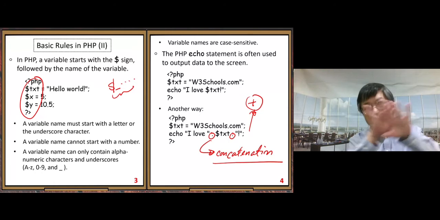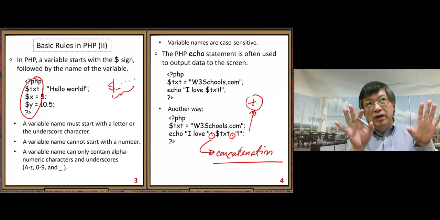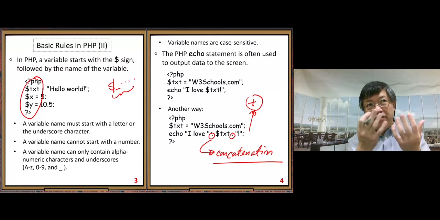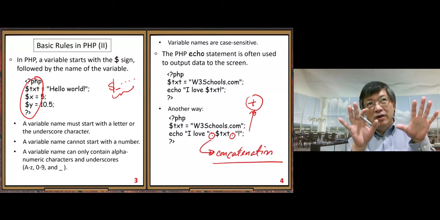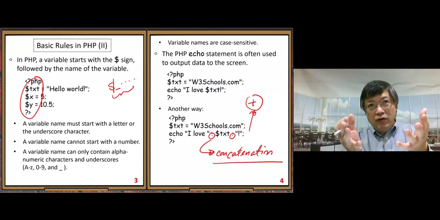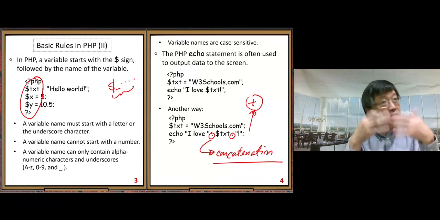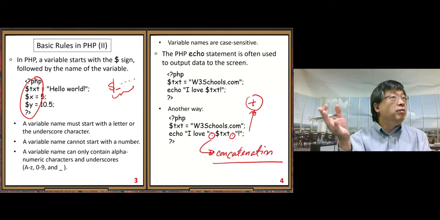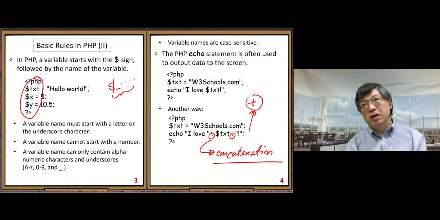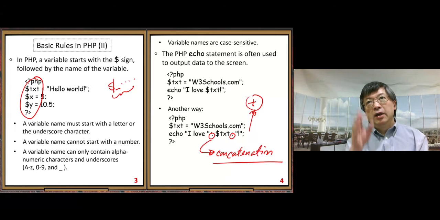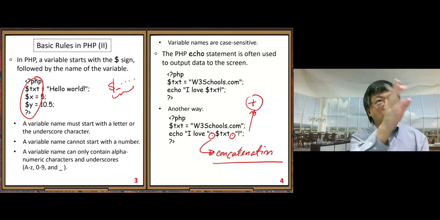In Java, that's different: we can use it for arithmetic operation and also concatenation, because Java has type declaration, where we declare variable types.